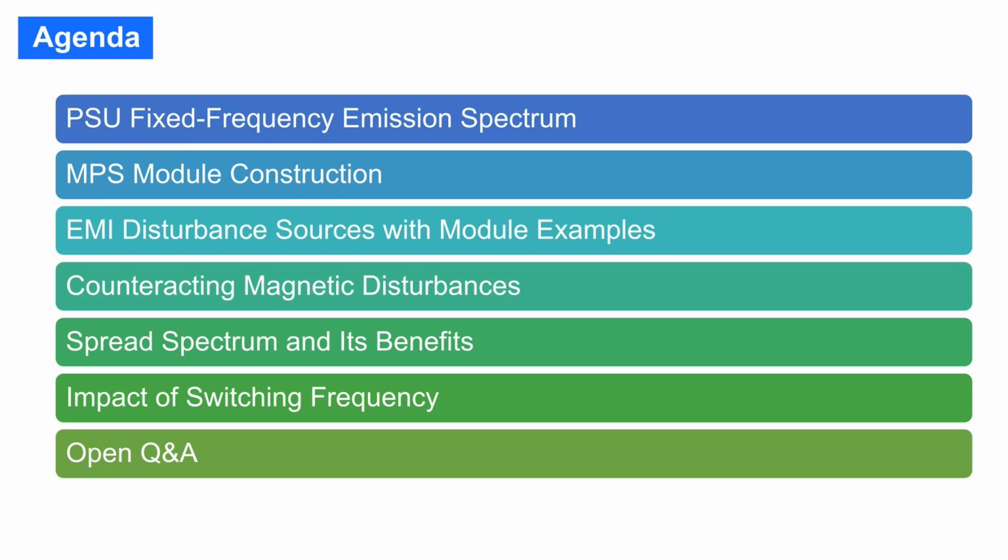And I will go into the EMI disturbance sources with some examples, and how you can counteract these disturbances, in one case magnetic disturbances, also the electric disturbances. Then I talk a little bit about spread spectrum and its benefits and the impact of switching frequency. And last, I will go over the Q&A.